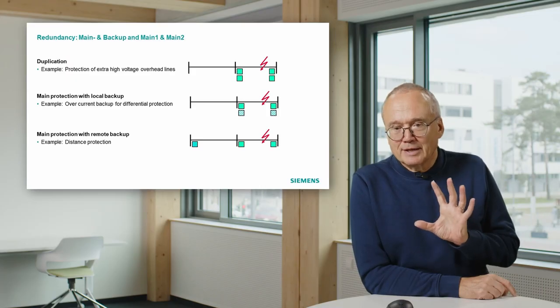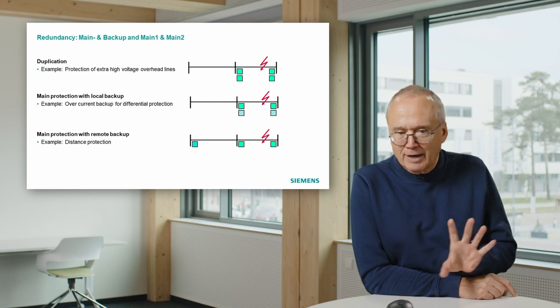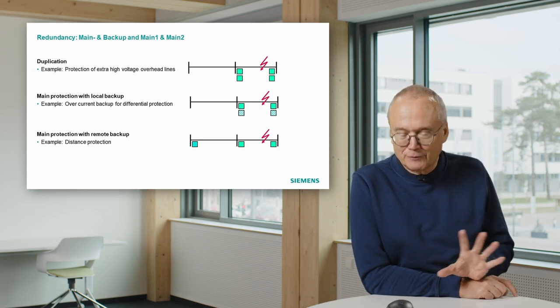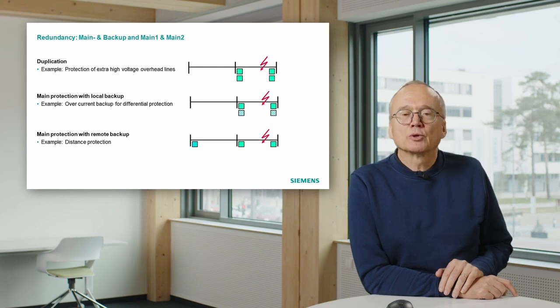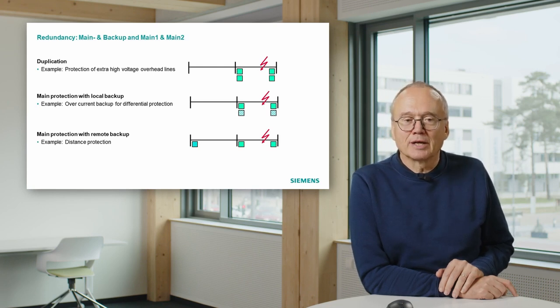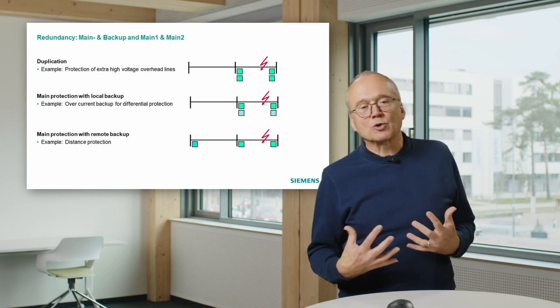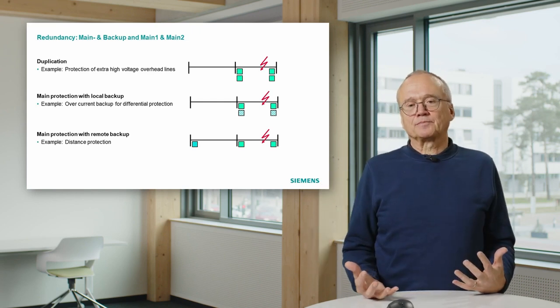And that is a thing you find all over the different voltage levels in systems where you do protection with overcurrent and distance relays. We always use this concept of remote backup.